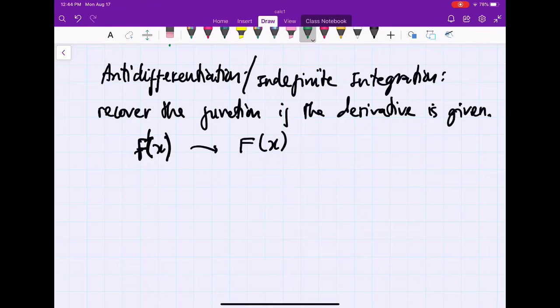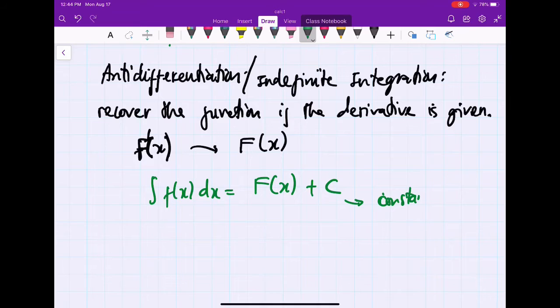So if capital F is an antiderivative of the function f of x, we can write the integral of f of x dx is equal to F of x plus c, where c is the constant of integration. Okay, and this is the symbol of integral.